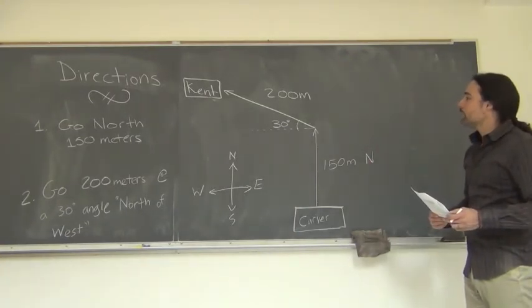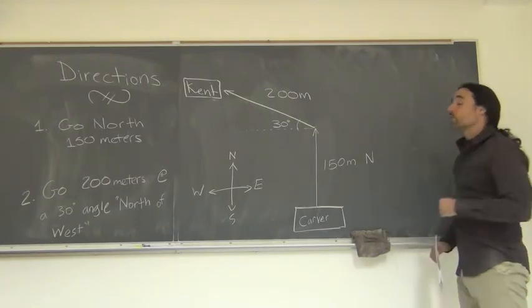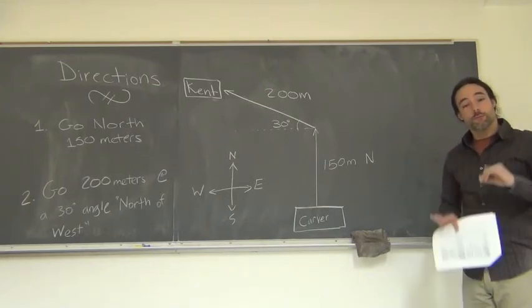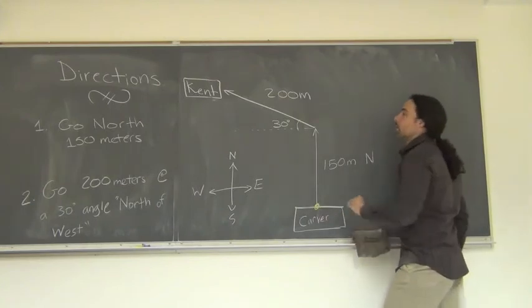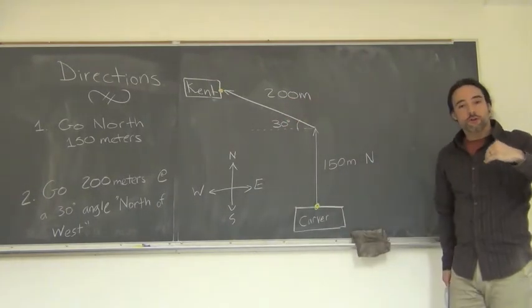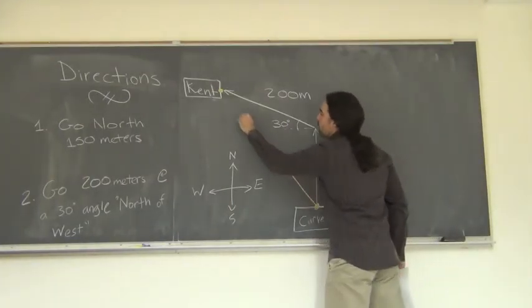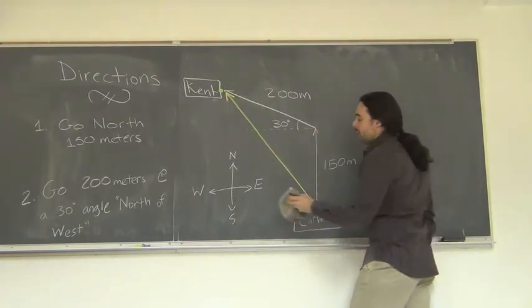Well, to figure out how far we've gone on net, we want to look at these vectors, and it's easiest to do this in terms of components. So ultimately what we want to do is look at where we started, where we ended up, and what the vector from start to finish is. So going from here to there is some net vector.